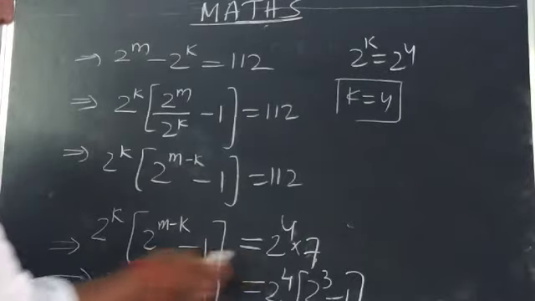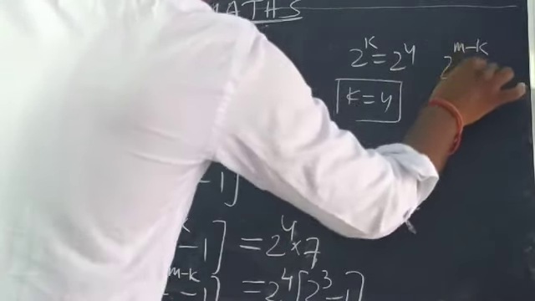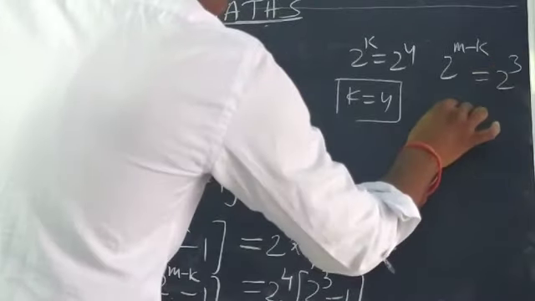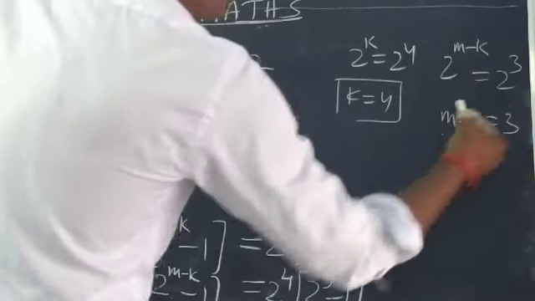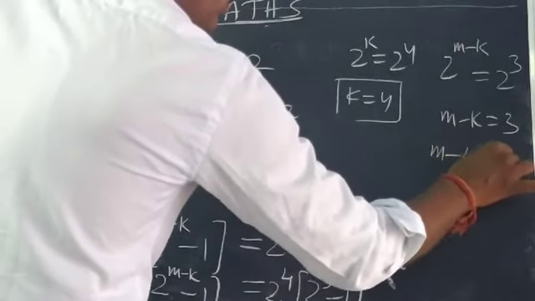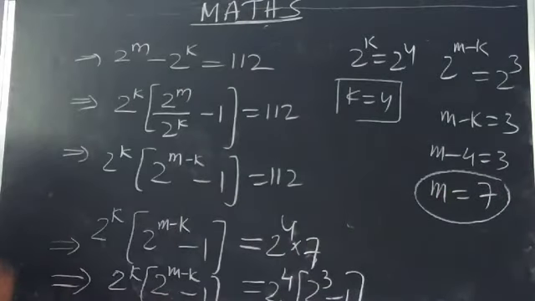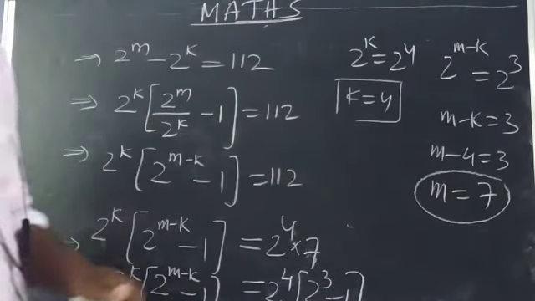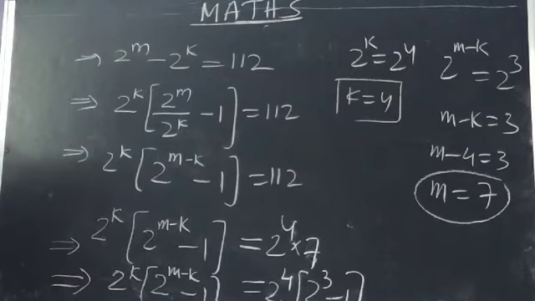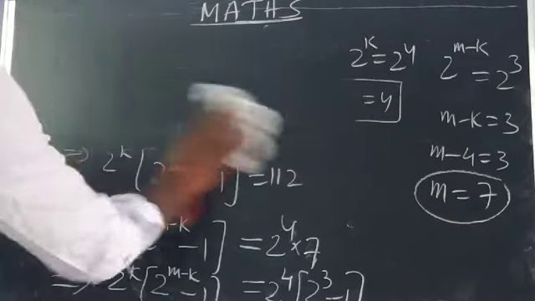And by comparing these two terms, 2 power m minus k is equal to 2 cube, so m minus k equal to 3. I have the k value, 4, substituting here: m minus 4 is equal to 3, so m equals 7. That's all. So I got k equal to 4, m equal to 7. Finish.